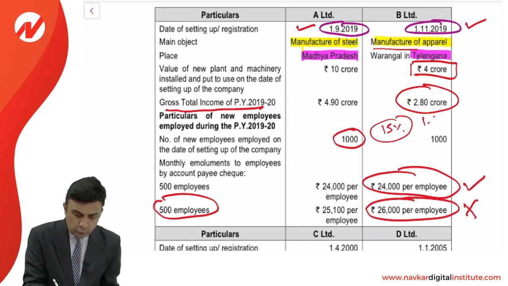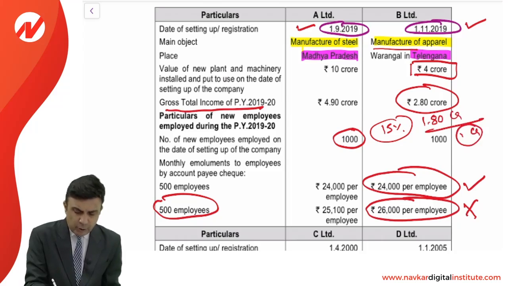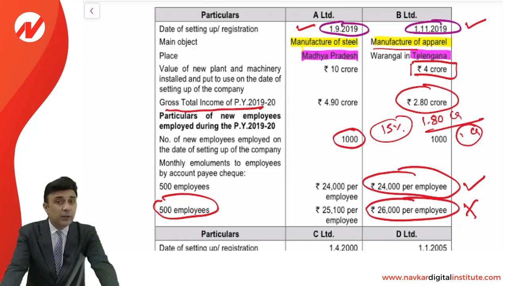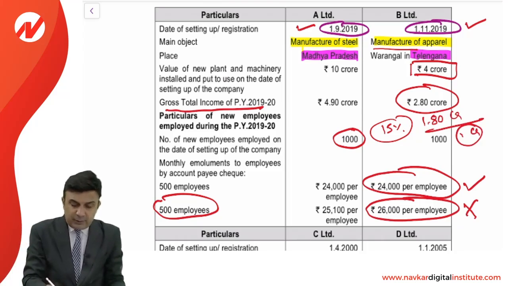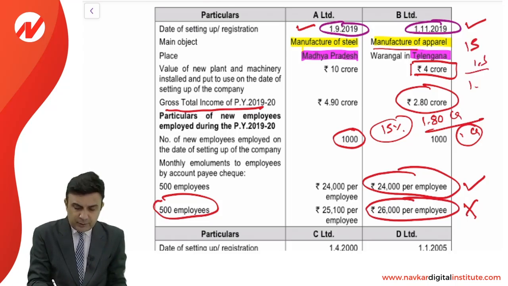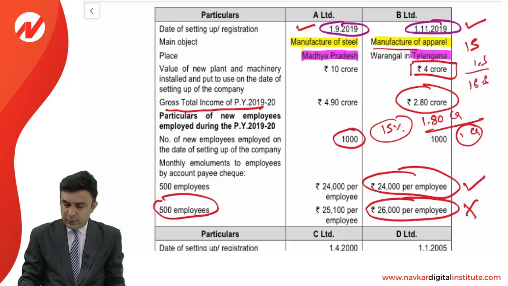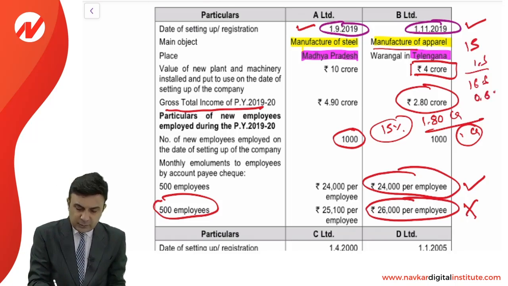So from 2.8 crore, 1.8 crore would be your deduction, and 1 crore will be your net income, which would be taxable at the rate of 15% plus 10% surcharge plus 4% cess.